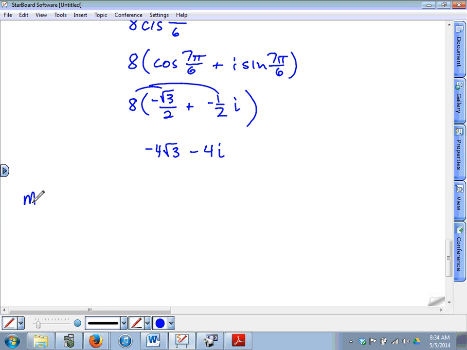Yeah, this is in the third quadrant because you're going to the left and then down. So, yep.